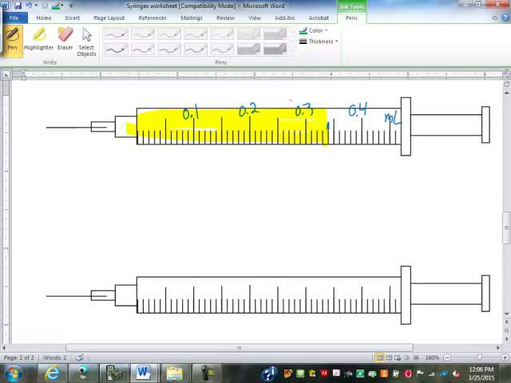Take a second, see if you can figure out what that volume is, if you can see it close enough at your location there. So if I were figuring this out, I would pick 2 points where I have a known volume. So I have the 0.1 to 0.2. So I'm at 0.2 milliliters minus 0.1 milliliter is a difference of 0.1 milliliter.